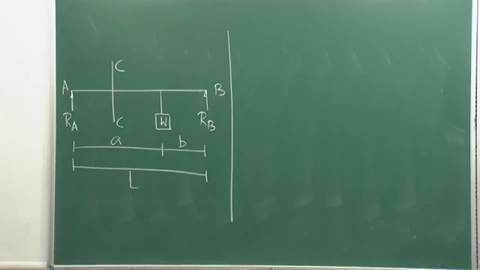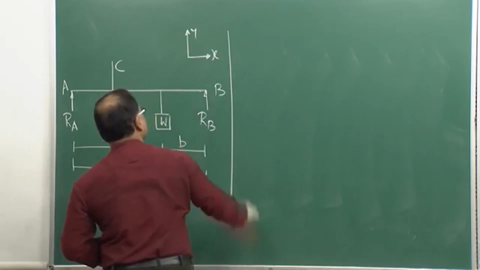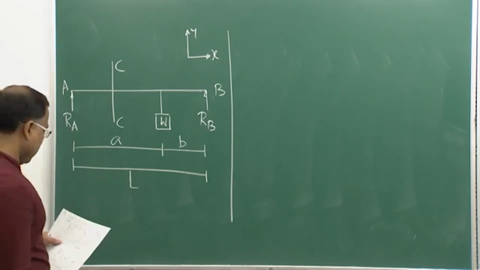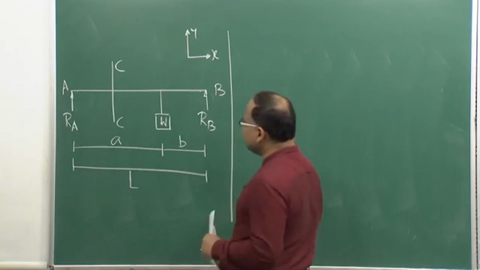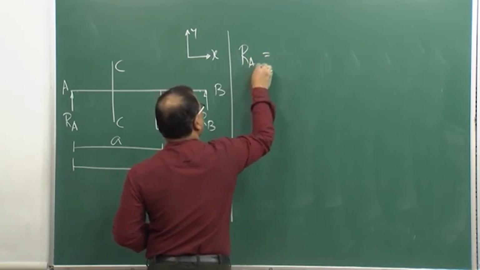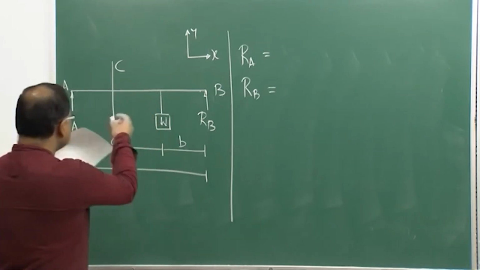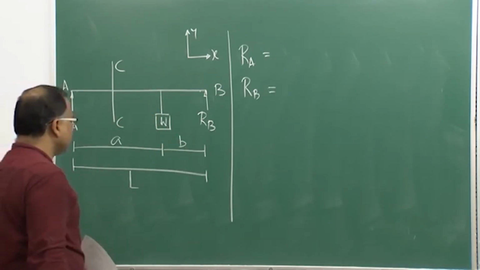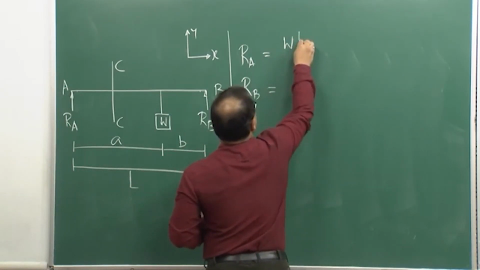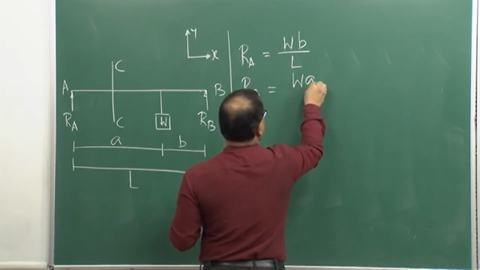This is the xy coordinate system, and the loading is only in the xy plane. By exploiting the equilibrium conditions, you can get RA and RB, and you know how to do that, so I am not going to do it again. By considering moment equilibrium as well as force equilibrium, you get RA as WB by L, whereas RB is equal to WA by L.